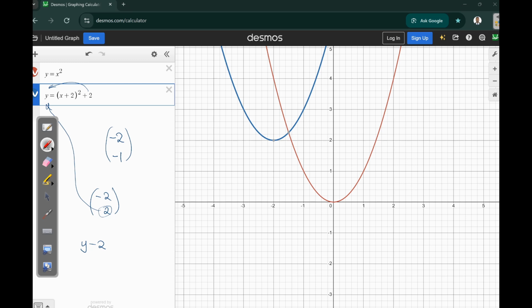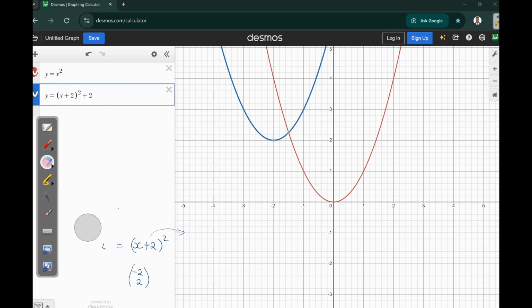So when you put this number where the variable is, it changes the sign. So I can have something like x plus 2 squared. Pop this one out, you get the -2, and pop this one out, it will be a +2, like that. So that is what we are having here.